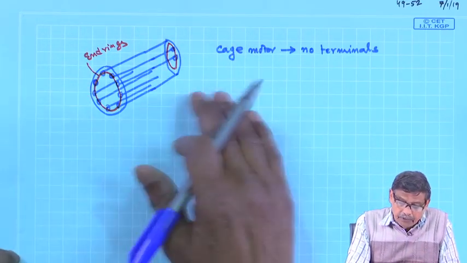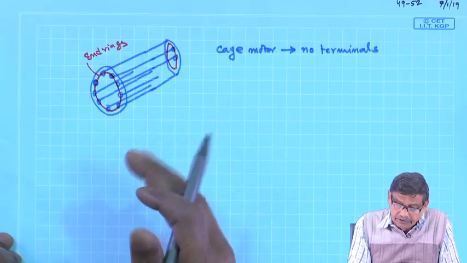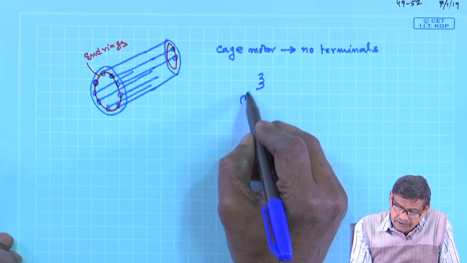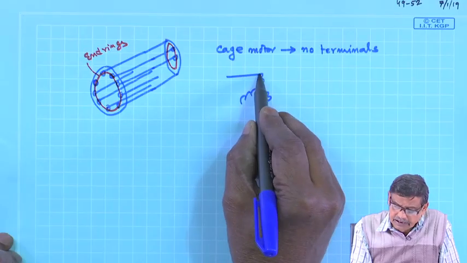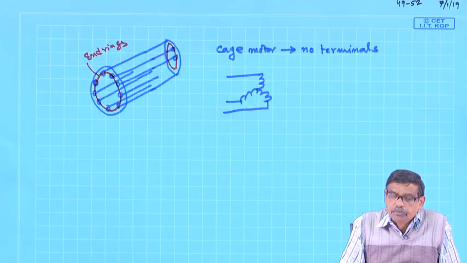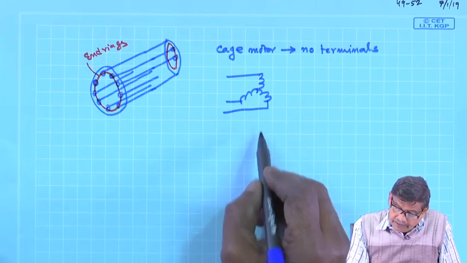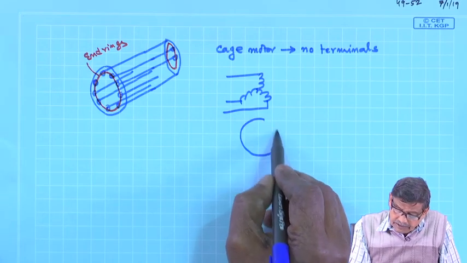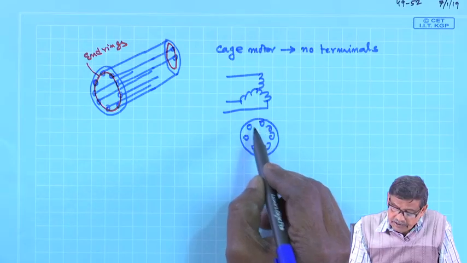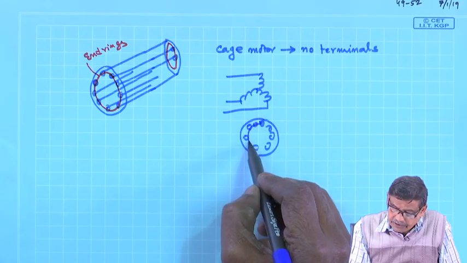I was telling about how to deal with this, and such a cage induction motor will be represented in this way. Stator winding is of course our traditional 3-phase distributed winding, and cage rotor is shown like this symbolically, and they are shorted.